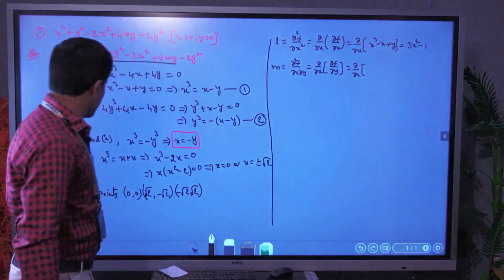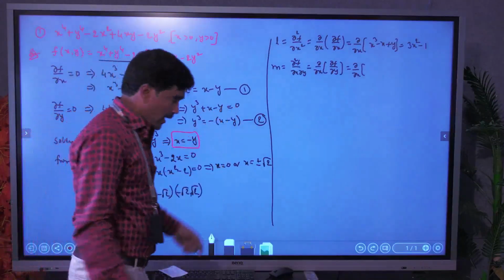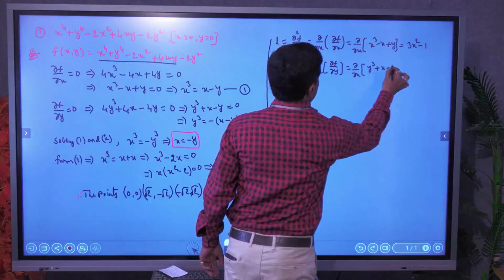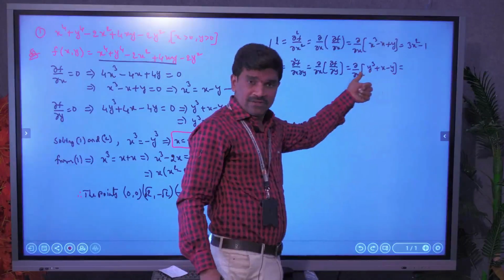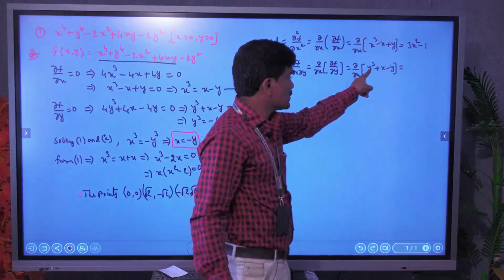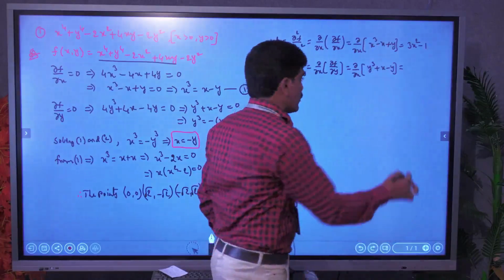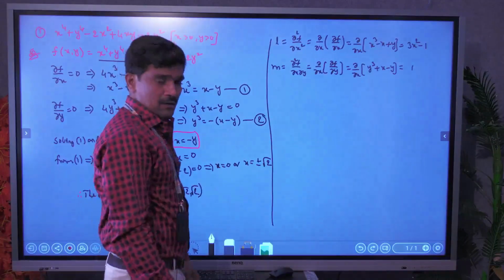With respect to y we get y cube plus x minus y. Now derivative of this function with respect to x. Here y is a constant, so the first and last terms are clearly 0. The derivative of x is 1. So that is M. Right?